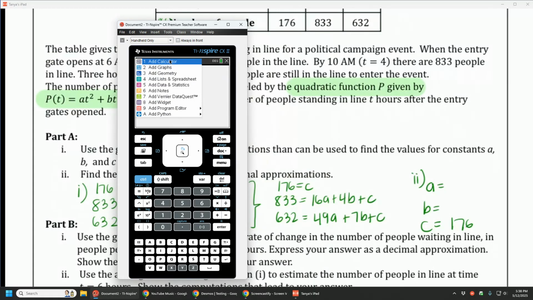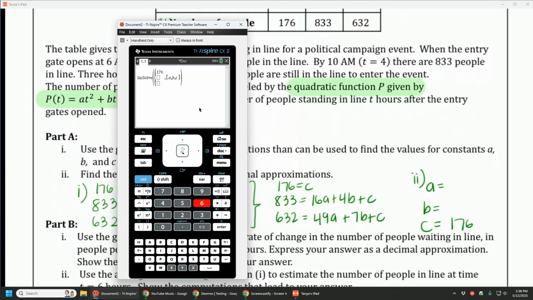So I'm going to go to regular calculator, menu, 3, and then you see where it says solve system of linear equations. So 2. I have 3 equations, but this time I want to solve for a, b, c. So you can change this to what you need. Press OK. And then let's type in our equations.